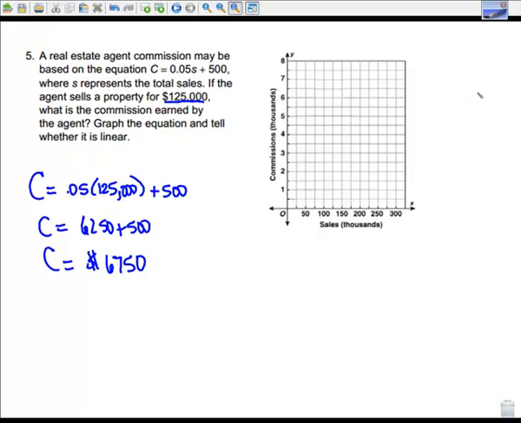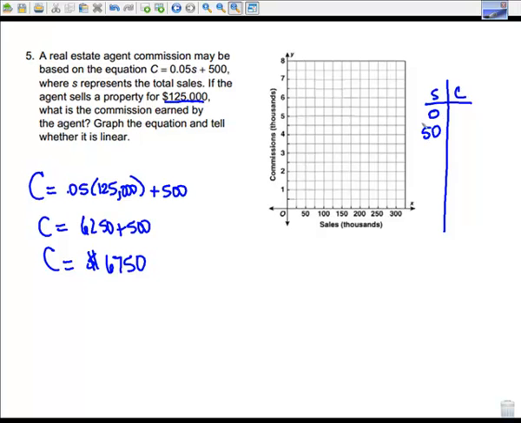Okay, now they want us to graph it and tell whether or not it's linear. So instead of doing an X and Y, I'm going to do an S for sales, that's my independent variable, and a C for commission. I have to understand that when I'm looking at my scale, this 50 means $50,000, $100,000, etc. So I'm going to do this starting with 0, and I'll go up in steps of 50.